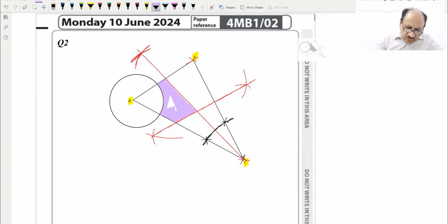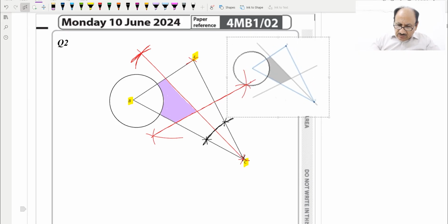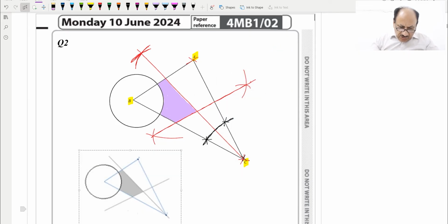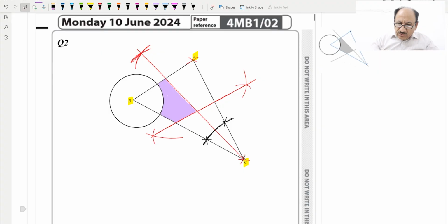So A, B, C, D, all the conditions are being satisfied, and this is the region which we need to shade. And exactly, if I show you the drawing, this is the exact answer which you should have. Hopefully you understood this. It's exactly the same as what we got.